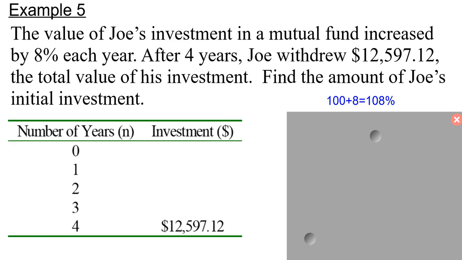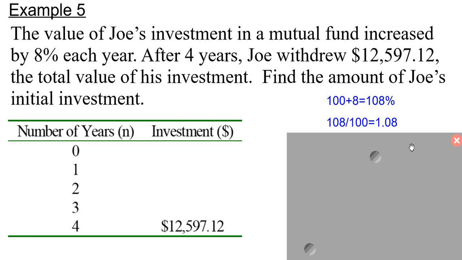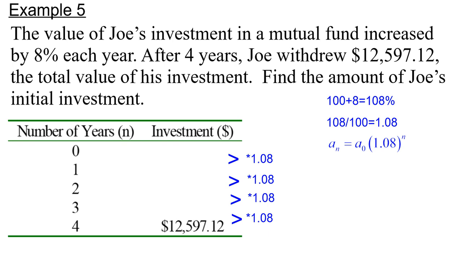But because percentages are based out of 100, we have to compare that 108% to 100 to find the number to do our calculations. So if I do that, it's 1.08. So that is my multiplier I'm using year after year after year to calculate the value of the investment.